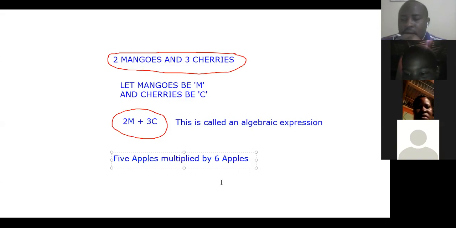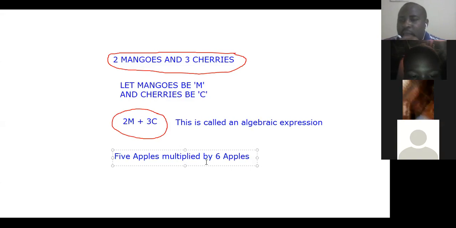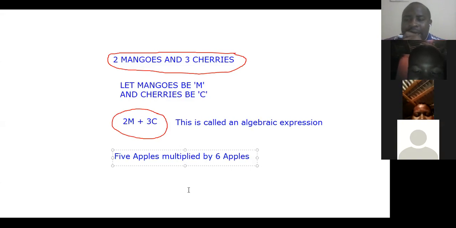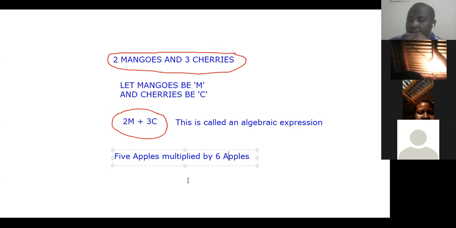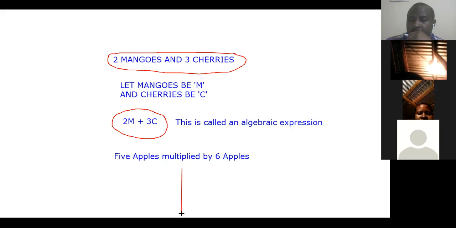All right, so again, we have 5 apples multiplied by 6 apples. Dujan, you want to write your answer on the board so I can see what you have in mind? Yes, go ahead, write your answer on the board. Devonique, can you write what you have?